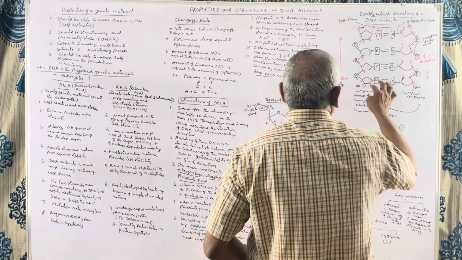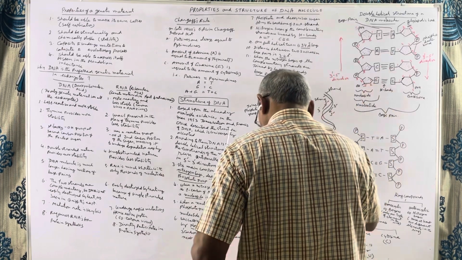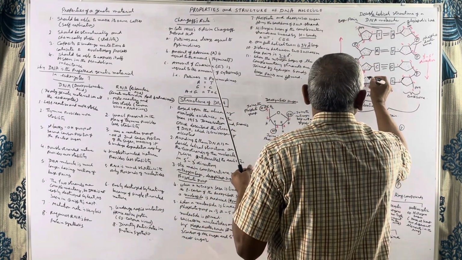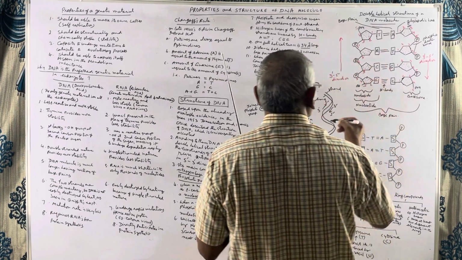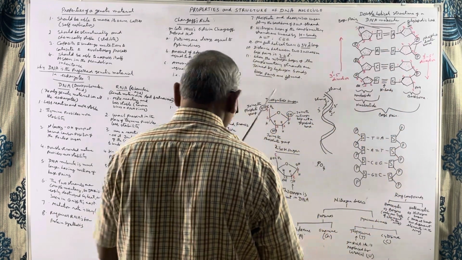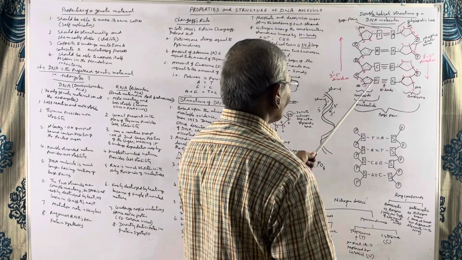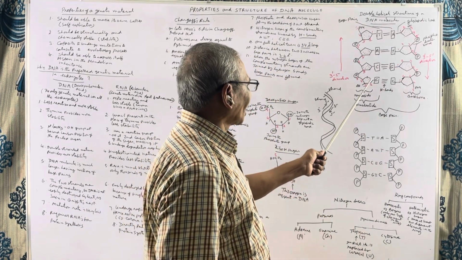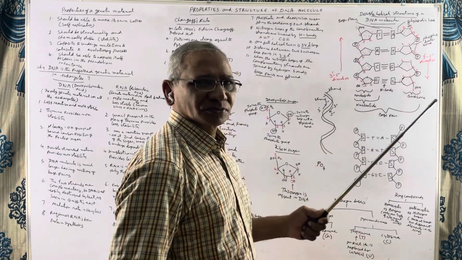But here, you find oxygen also, like this. In all the molecules, oxygen will be present. That means, in the ring, there are two types of elements, carbon and oxygen.